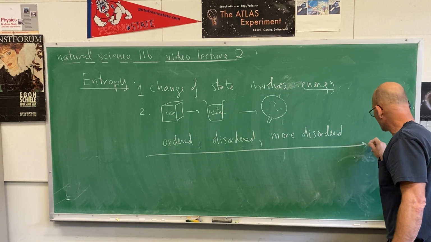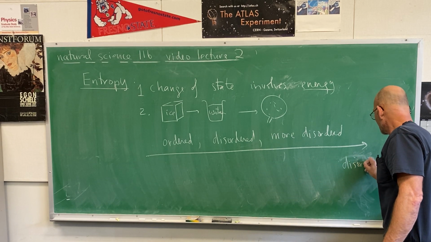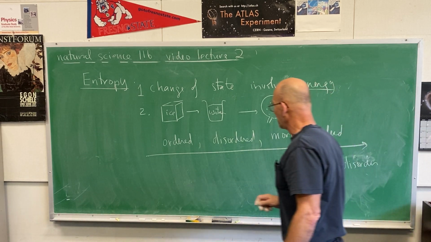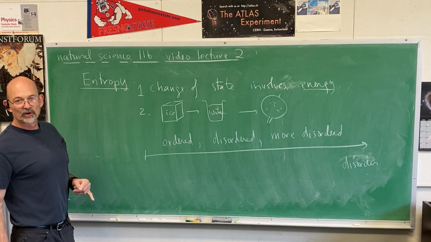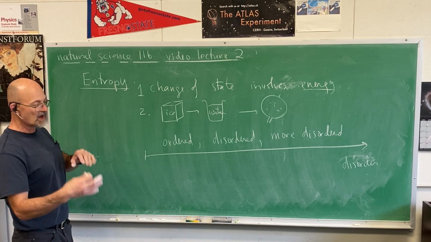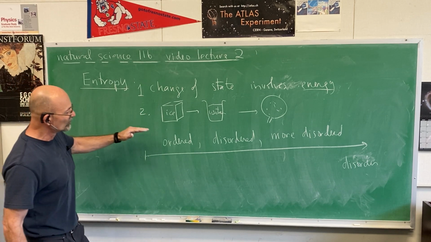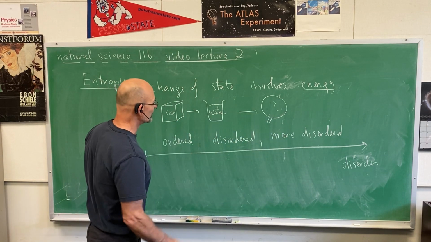If you're going to have the arrow in this direction, it's the disorder axis. And when would things be the most ordered whatsoever? At 0 Kelvin, right? Everything's locked into place, but ice is ordered, water's disordered, gas is even more disordered.